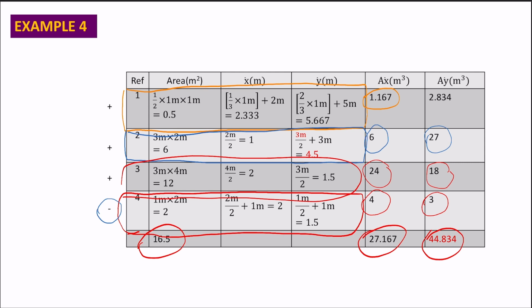So kita kena tolakkan because of the area itu tidak masuk. So for the section number 4, tolaklah daripada value total: total area, total AX bar and total AY bar.